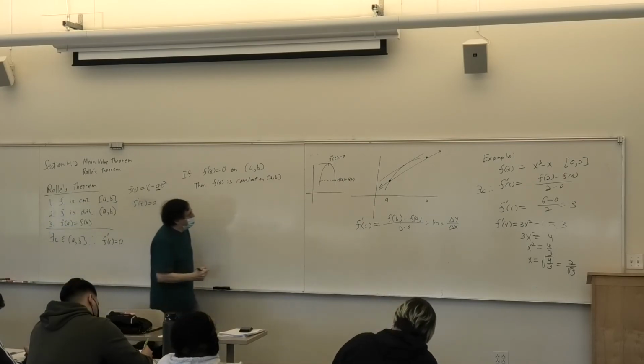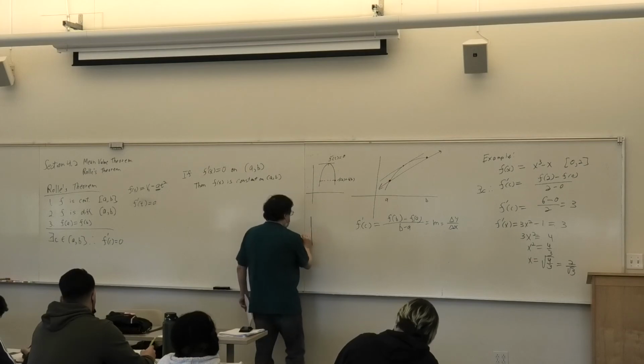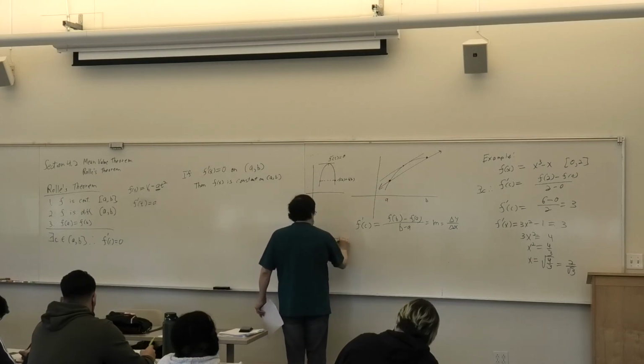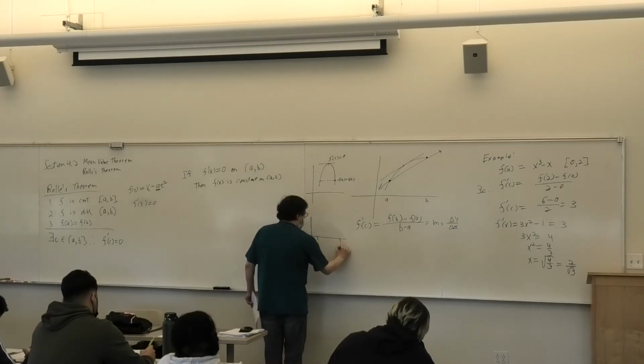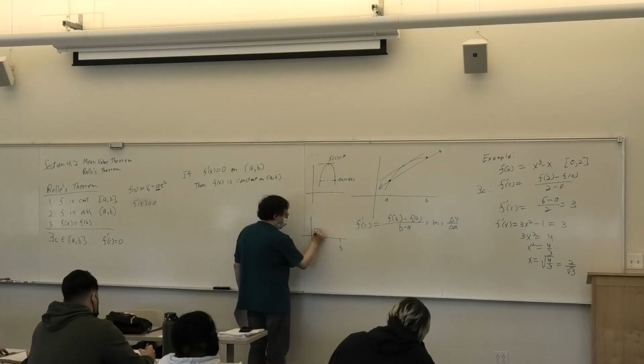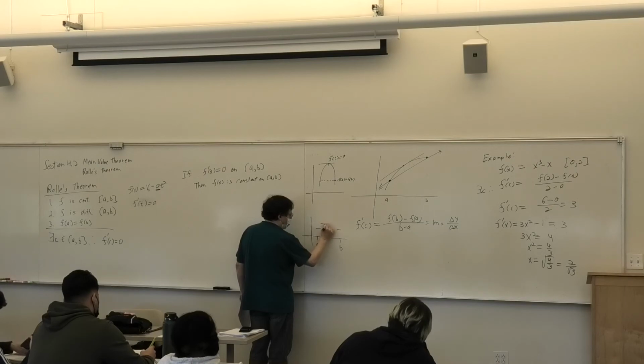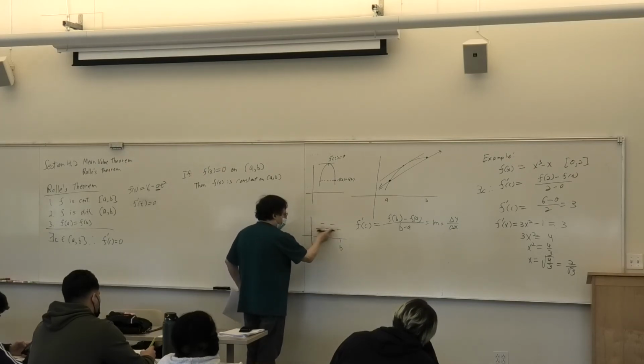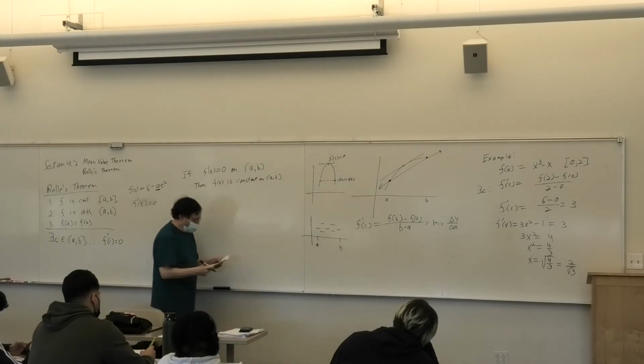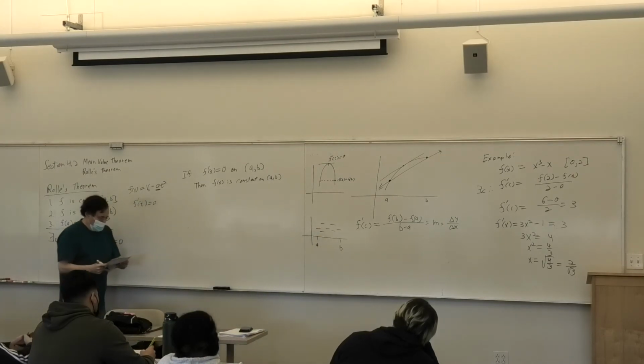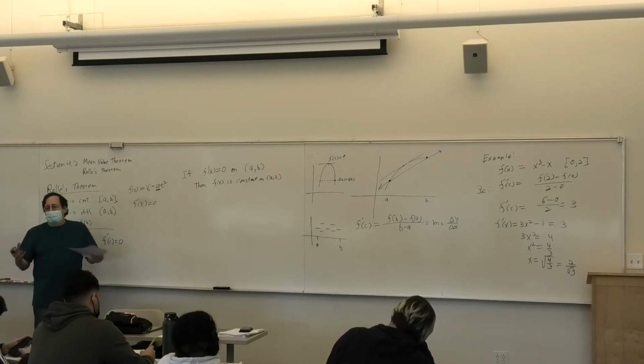It kind of sounds obvious. I mean, everywhere you look on here, the derivative, the tangent to the function, is horizontal, and it means you can't go up and down, right? So it should be a constant. But how would you prove that?